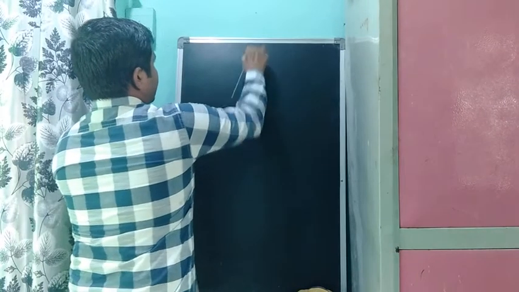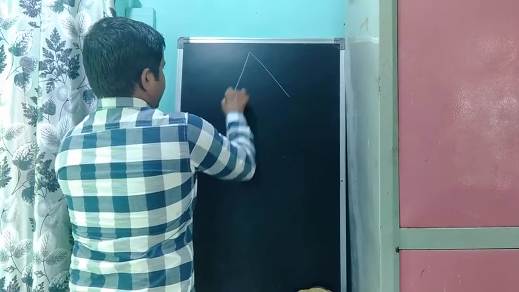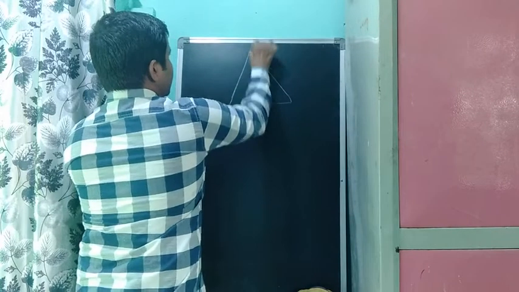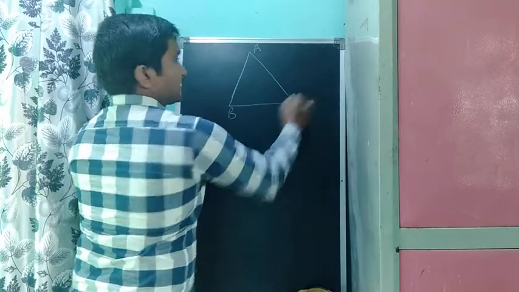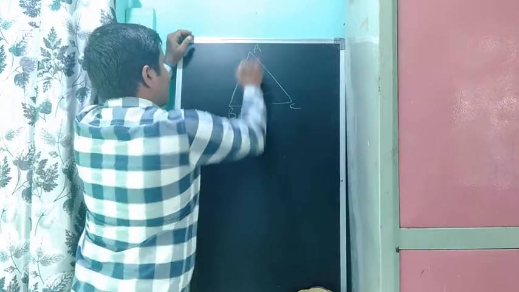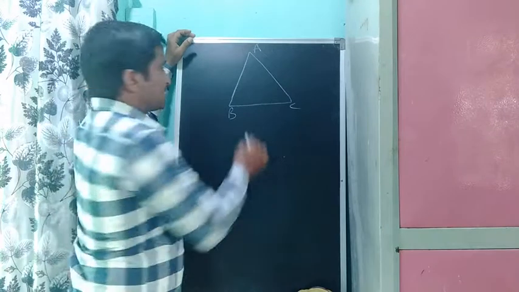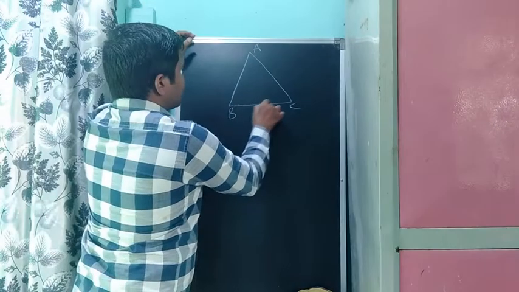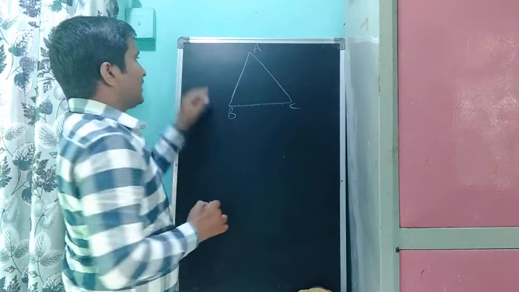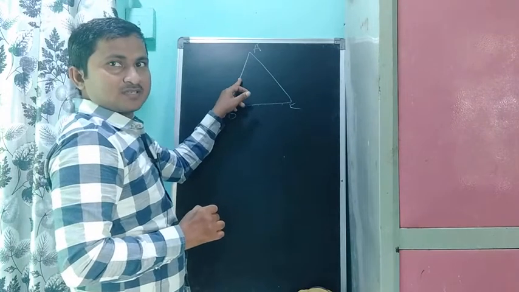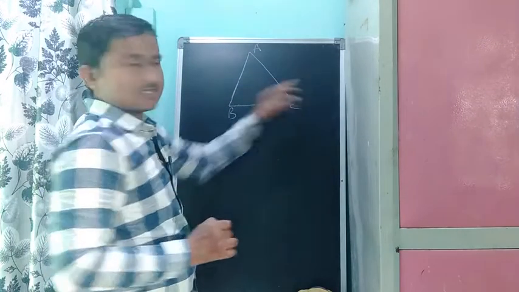For the purpose, let ABC be the prism. AB and AC are the refracting surfaces, and BC is the rough surface. Now the light is incident on one surface and emerges from the other surface.